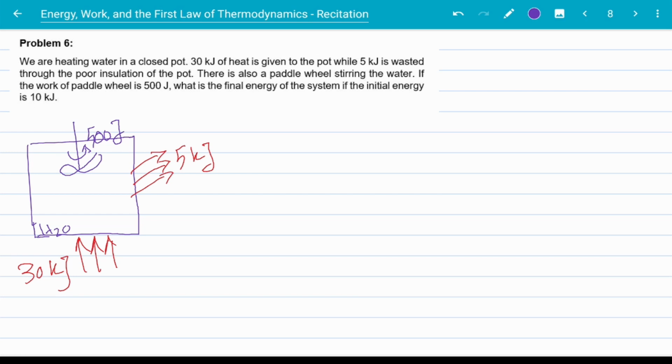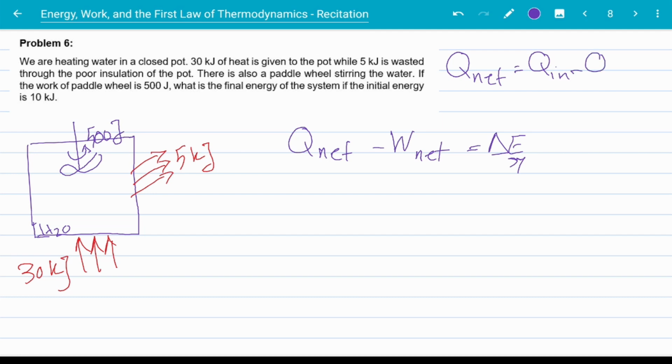So the first law states that Q net minus W net is delta E of the system. Q net is Q in minus Q out.